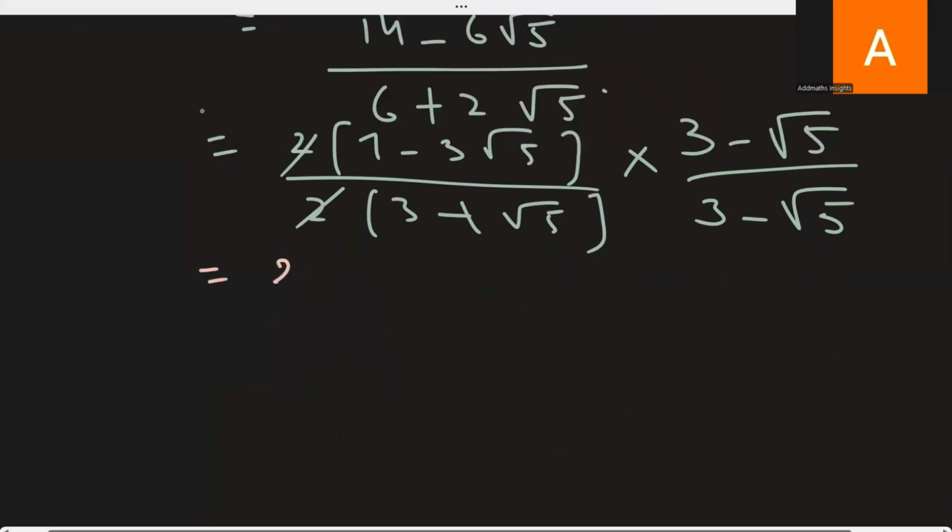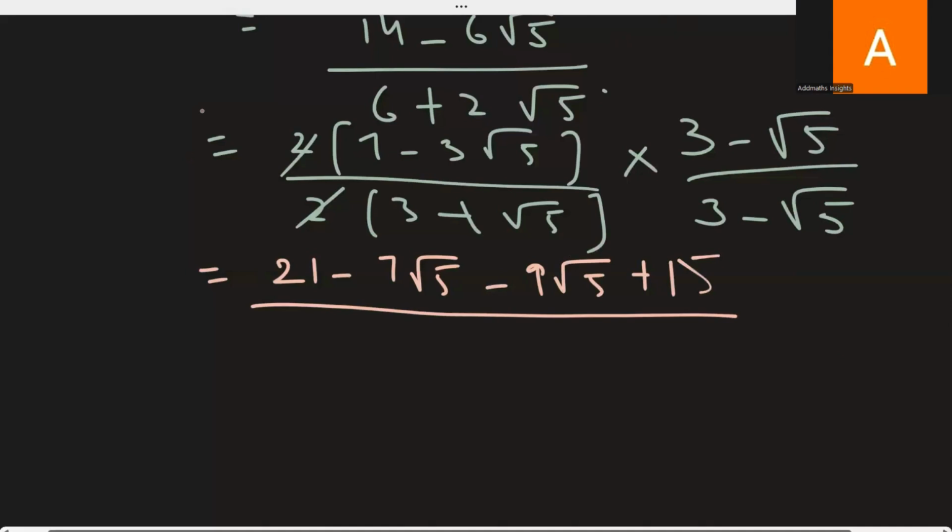So this is 7 into 3 is 21 minus 7 under root 5 minus 9 under root 5 plus 3 times under root 5 into under root 5 is 5. So 3 times 5 is 15. And here you apply the identity a squared minus b squared.